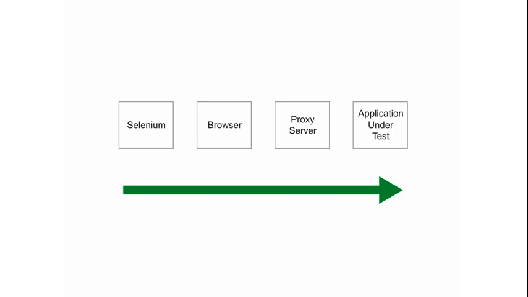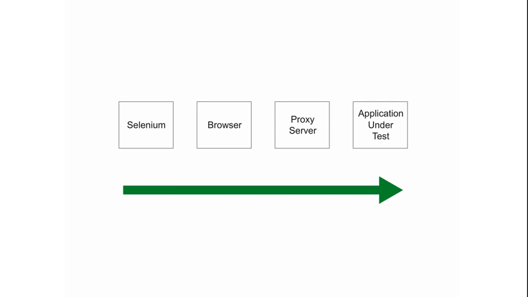So we use a proxy server, and what that looks like is we have a box without text. Basically, we have our Selenium test, and then we have the browser, and then the proxy server, and the application under test. You have your test that has Selenium commands, and you configure it to use a browser.